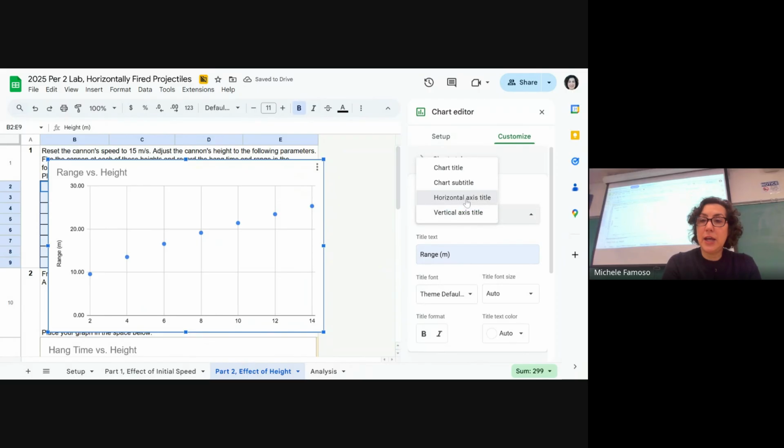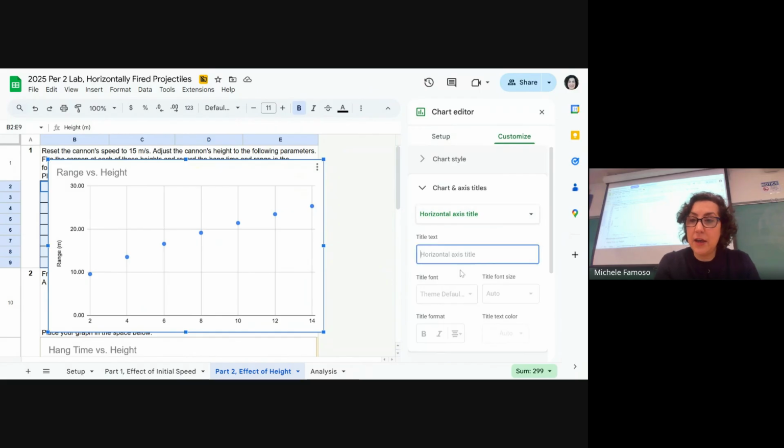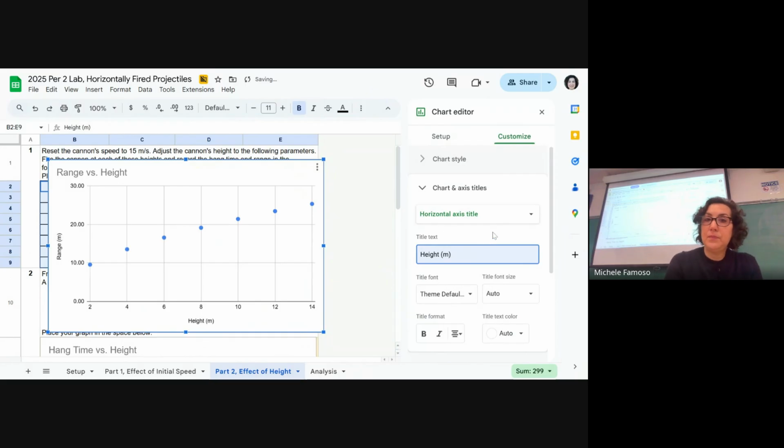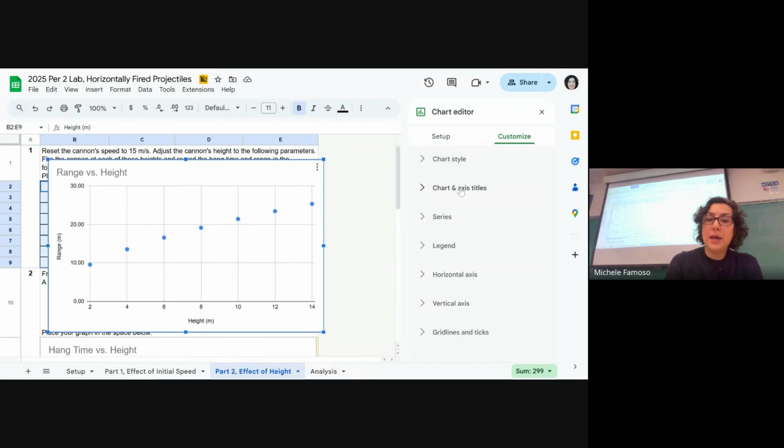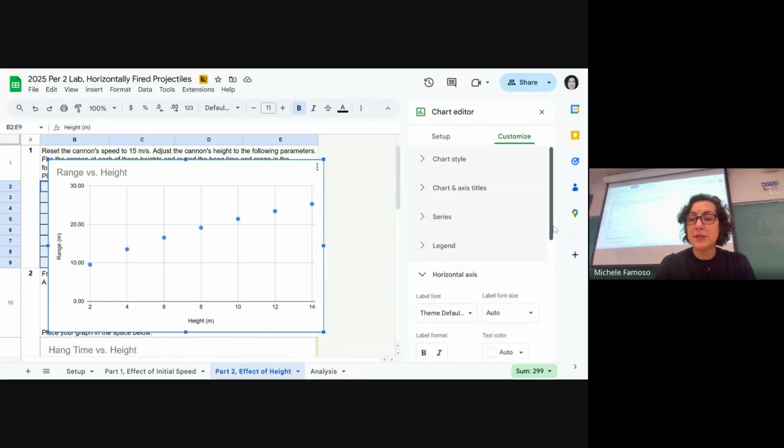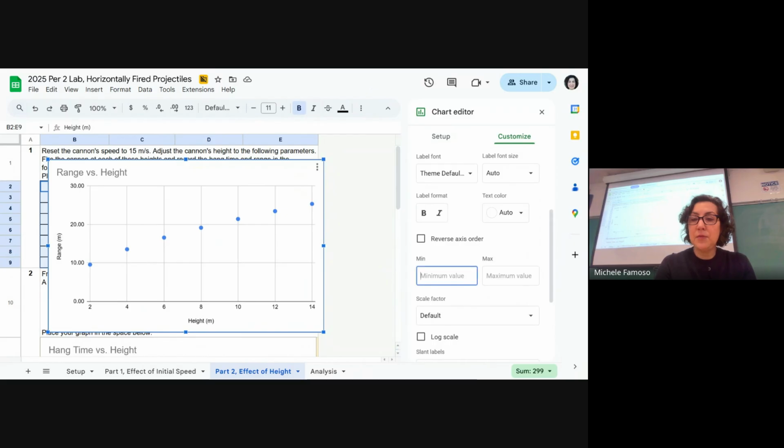Select your horizontal axis title. This is the height in meters. I'm going to collapse that. Notice my graph does not start at 0 on the x-axis, so let's set that under the horizontal axis submenu. The minimum value should be 0.